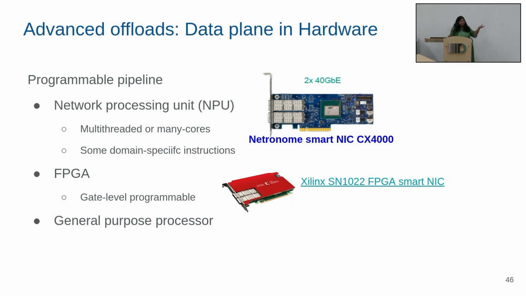So the next set of advanced offload schemes started sometime after 2016, or the actual thinking started in 2010 and the development started around 2016, where the network card itself is programmable. You can write your C programs or some high-level language programs and feed them onto this hardware.